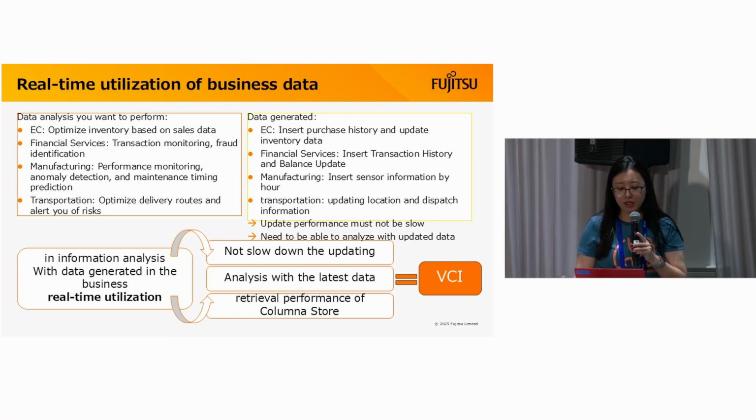In other words, if the data generated in the business is used for analysis in real time, it is necessary to have the retrieval performance of the columnar store, including the latest data, while maintaining the update performance. Our proposal, Vertical Clustered Index, VCI, is designed to be useful in such cases.